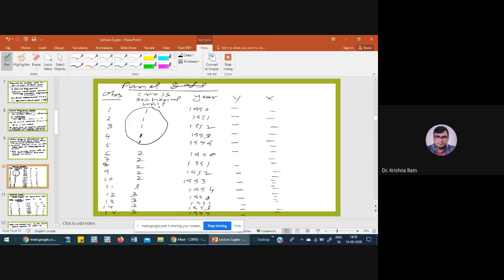So what we do in panel data, first we assign a unique numeric code to each cross-sectional unit.